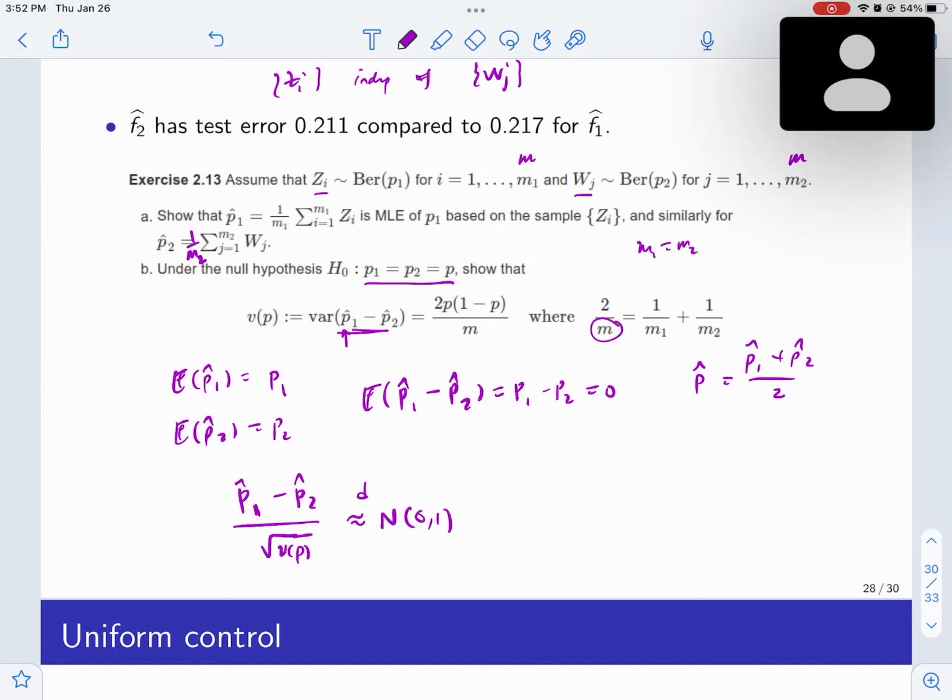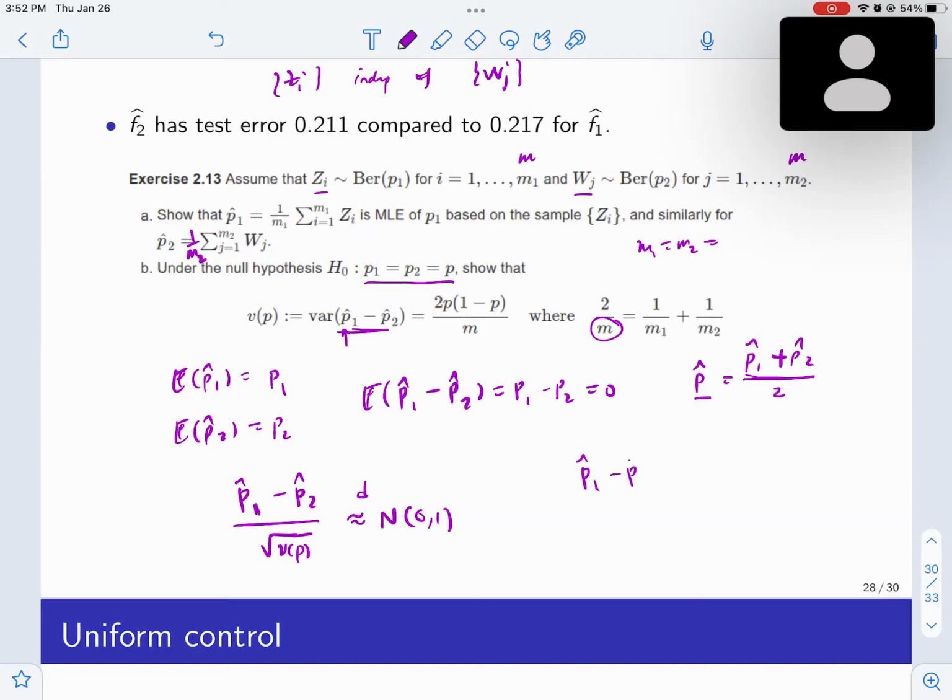So this M here is just going to be equal to M, right? And then if I'm under the null, if I average the two, this is going to be a good, unbiased estimate of p as well. So I can plug that in.